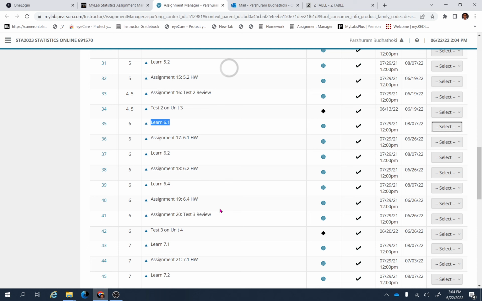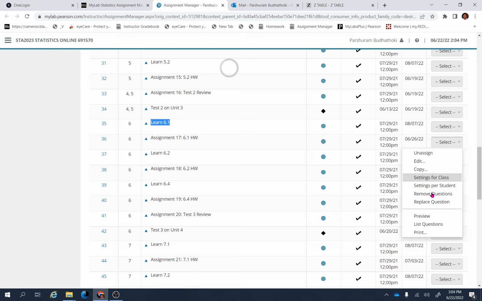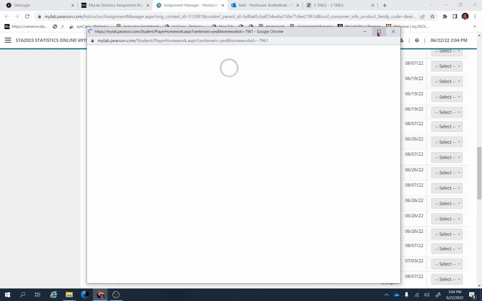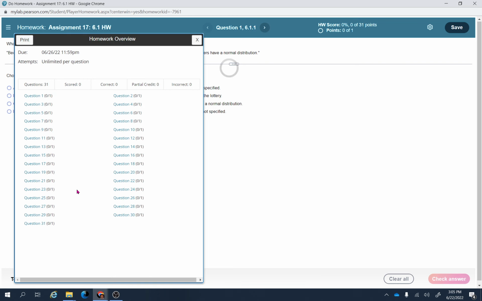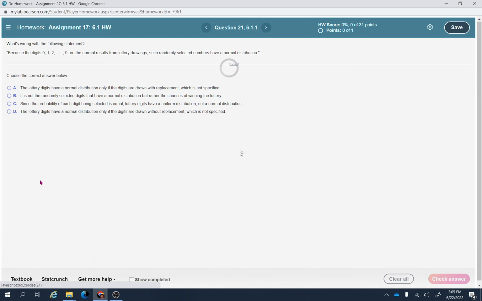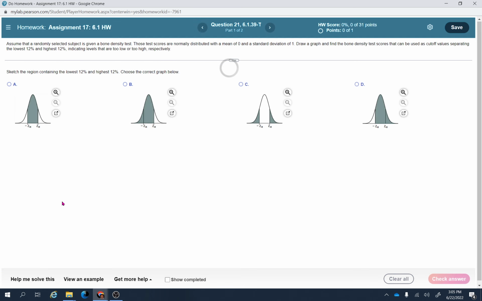Okay, for this particular problem, let me just review here. This is a question from the 6.1 homework, question number 21. I was talking about this question particularly.